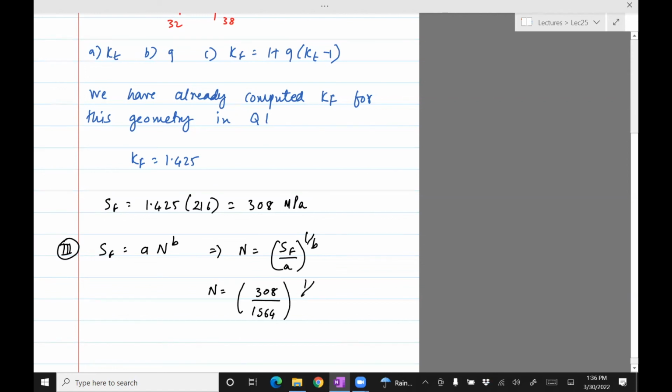And B was also computed, was minus 0.1419.